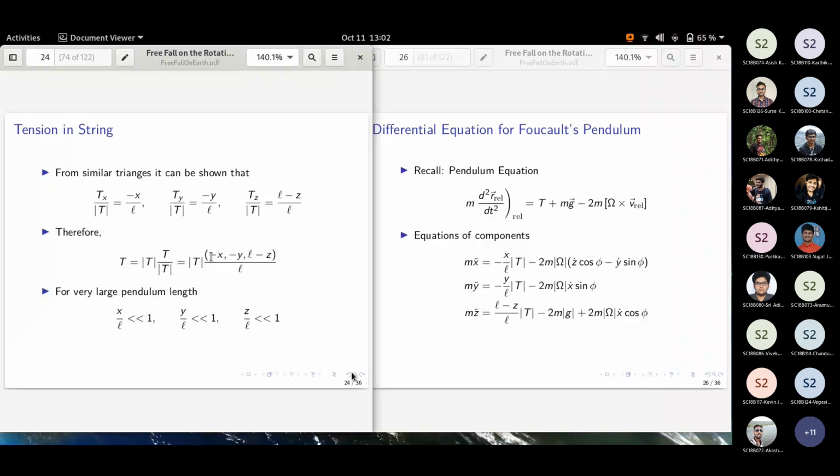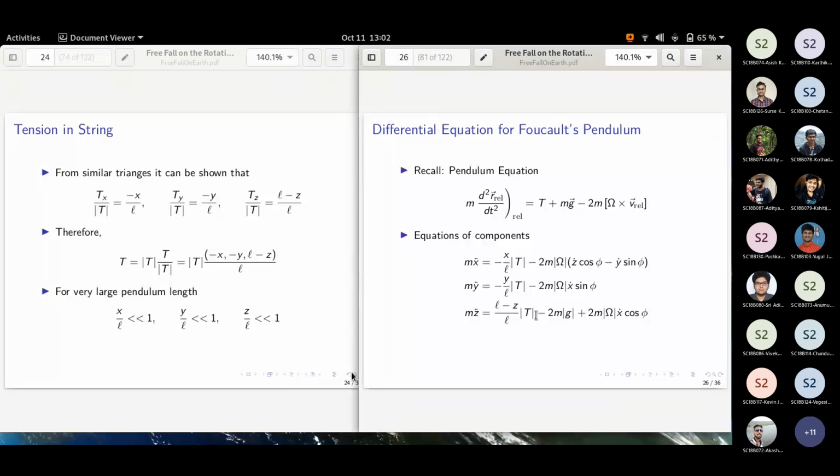T is expressed as modulus of T times minus x by L, minus y by L, and L minus z by L. So we have substituted that on the right hand side for T. We have just taken out three components: x component, y component, and z component. Similarly, mg is along the zenith axis, so you will see only that component in the zenith.